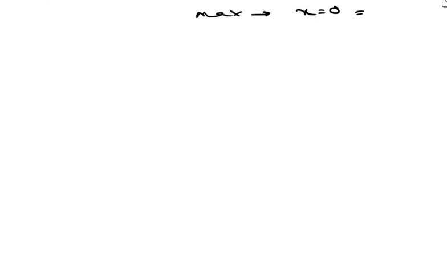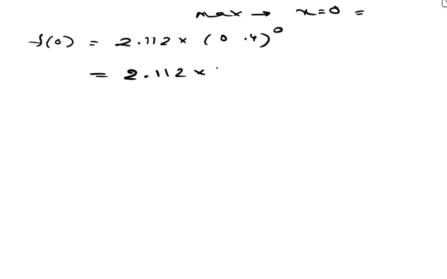So we can say f(0) is equal to 2.112 times (0.4)^0, that is 2.112 times 1, that is 2.112. Now look very carefully.